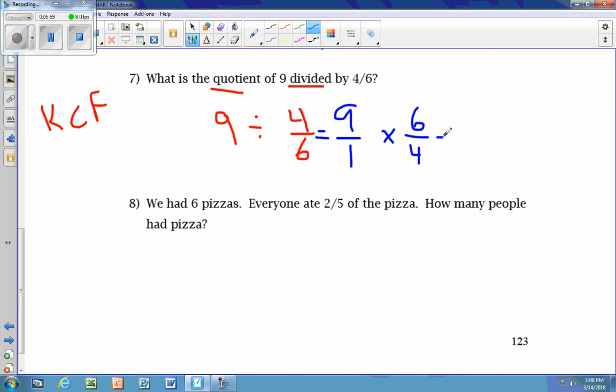That's called a reciprocal. And we end up with 54/4, but we can't leave it that way. It's improper. So we're going to see how many times it can go in. It can go in 13 times and 2/4. And we have to simplify that, which will get me to 13 and 1/2.